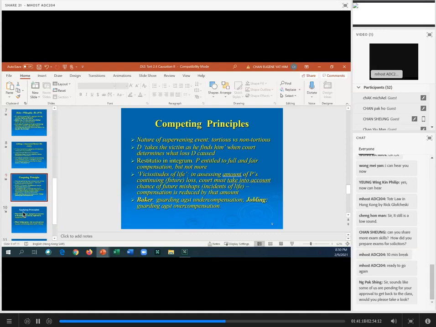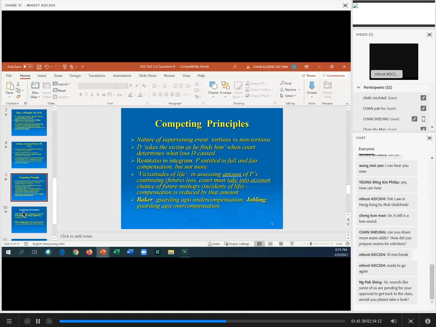Also, the court, when they are assessing quantum of damages, and of course we don't need to get into that in our course, but obviously in practice, the amount of money you get when you take out a civil action is very important to your client.